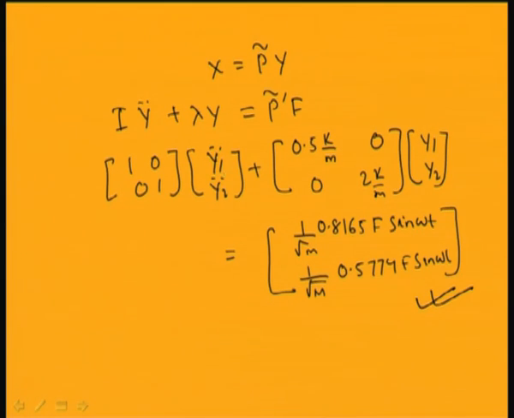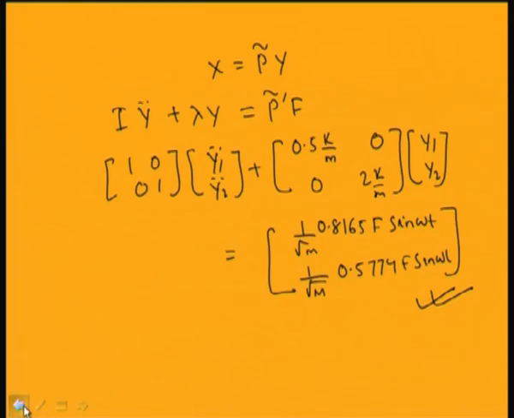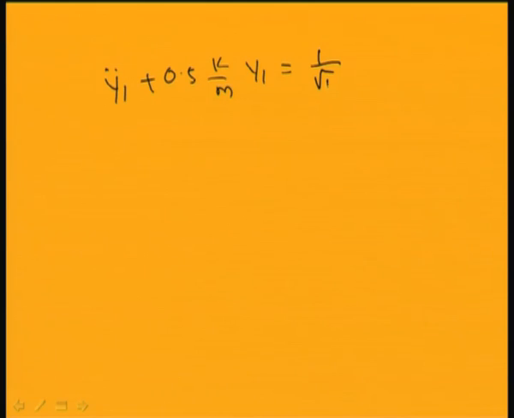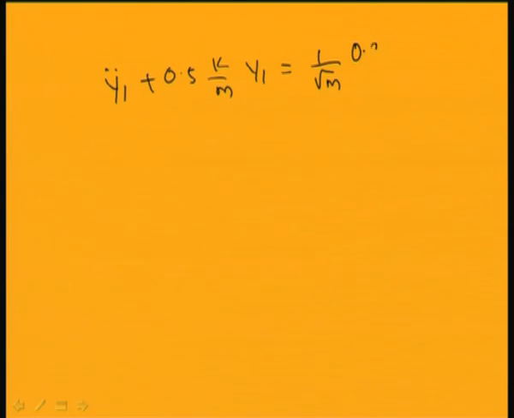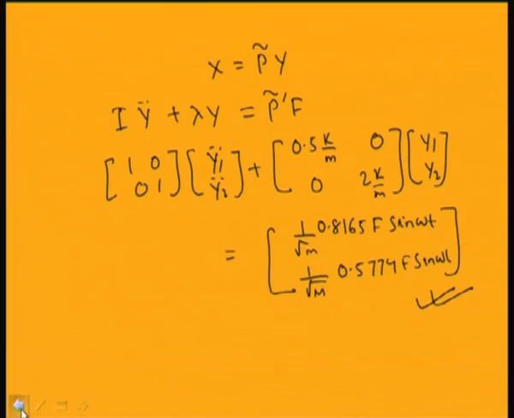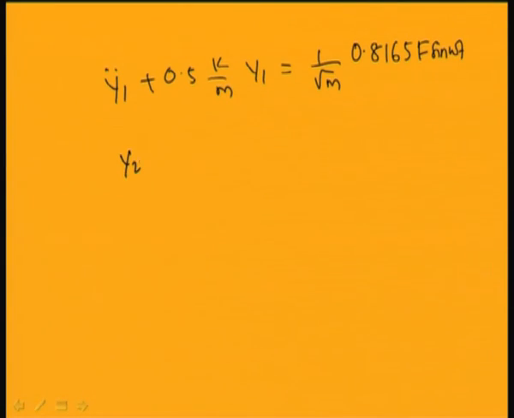The first equation is y1 double dot plus 0.5 k by m y1 equal to 1 by root m times 0.8165 F sin omega t, and the second equation is y2 double dot plus 2 k by m y2 equal to 1 by root m times 0.5774 F sin omega t.